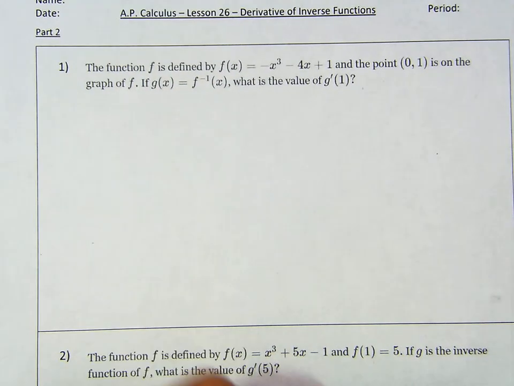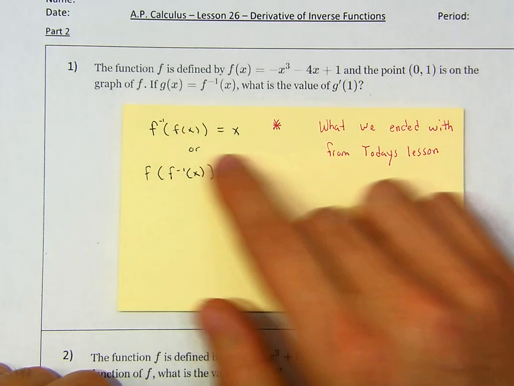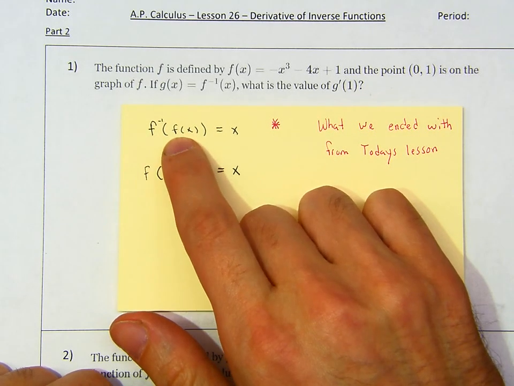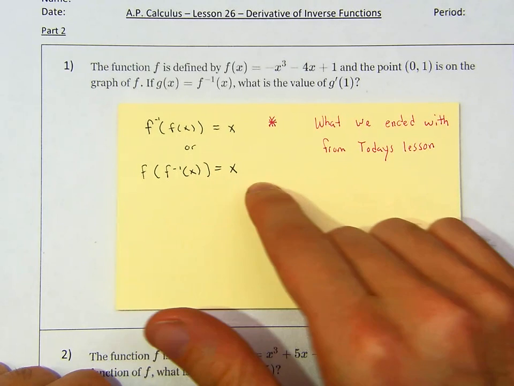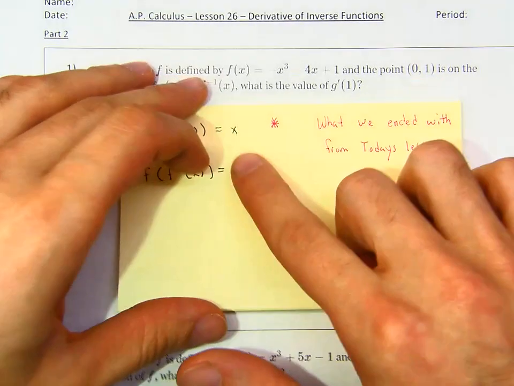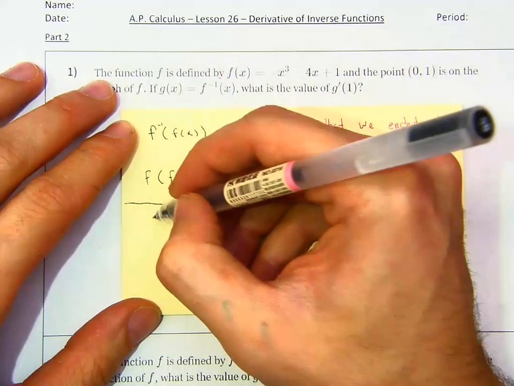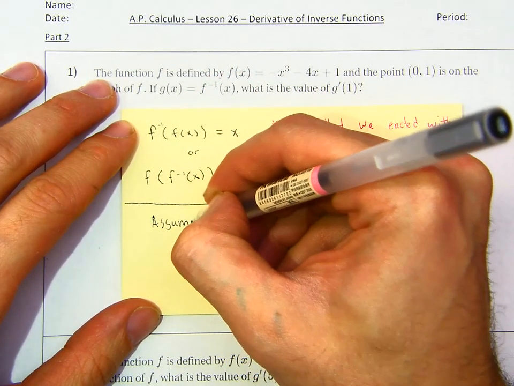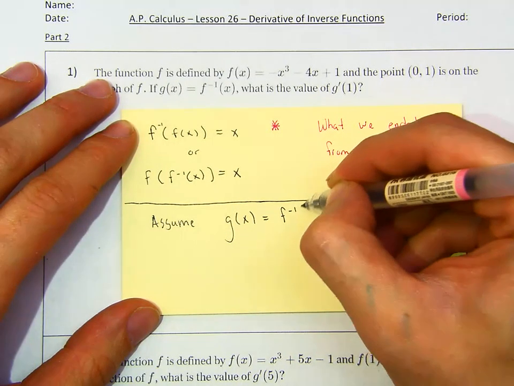So what's going on here? We finished this lesson with something like this: f inverse of f of x equals x, or f of f inverse of x equals x. That's what we finished off with today. So let's build from this. Let's assume that g of x is equal to f inverse of x.